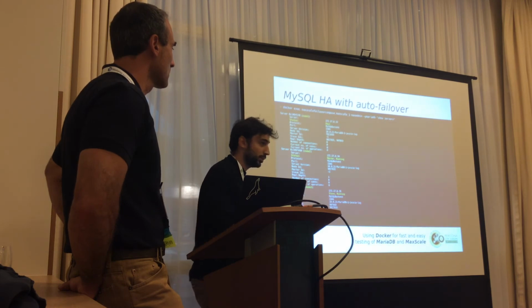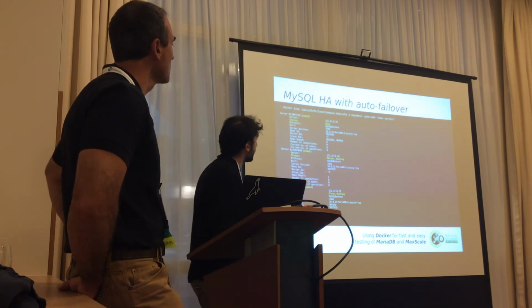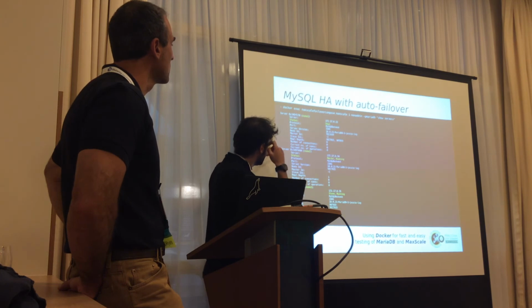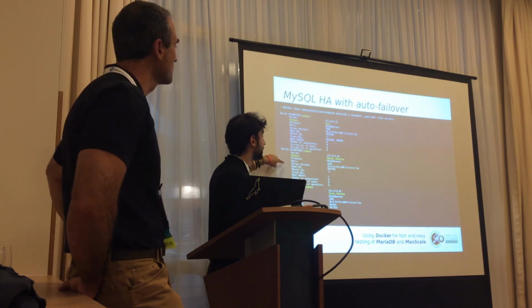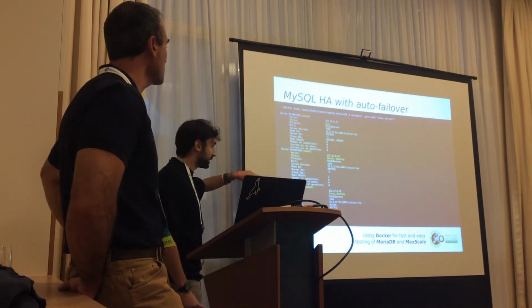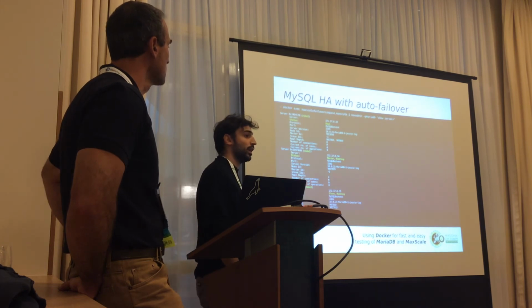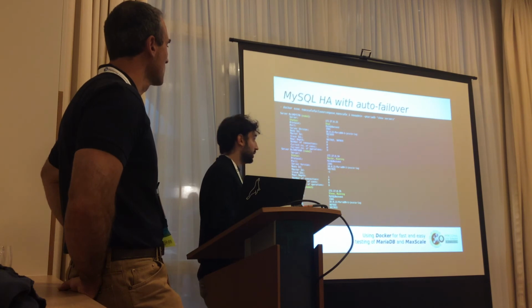Okay, I don't know if you see. So what happened is that we've got a new master, and MaxScale is automatically aware of that change in the configuration, and is able to make the master election transparent with respect to our client.